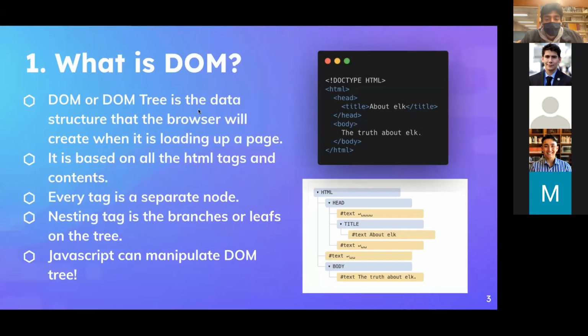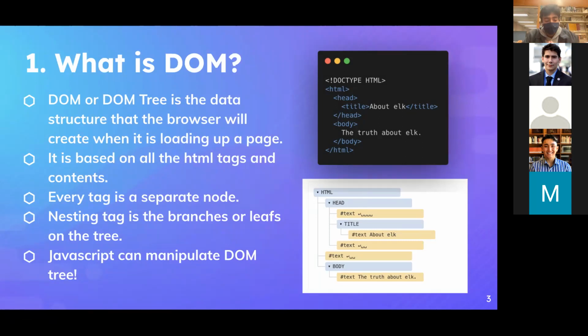Okay, with that, what is the DOM? At the very core, the DOM is a data structure that holds all of our HTML elements. If you recall our lecture on HTML, HTML is essentially everything that the browser will render. Everything that the user sees boils down to HTML.